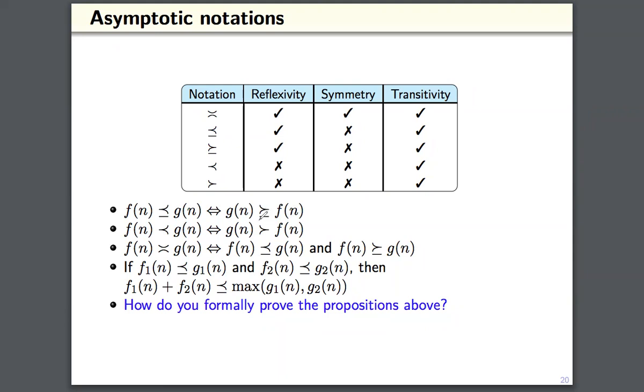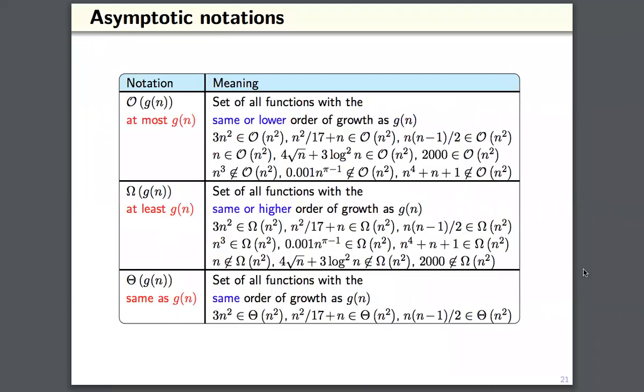Here I call it greater than or equal to, but assume that I'm saying asymptotically greater than or equal to. F of n is less than g of n is the same as g of n greater than f of n. We will prove other properties. So try to prove all the properties given in the table using the definitions.